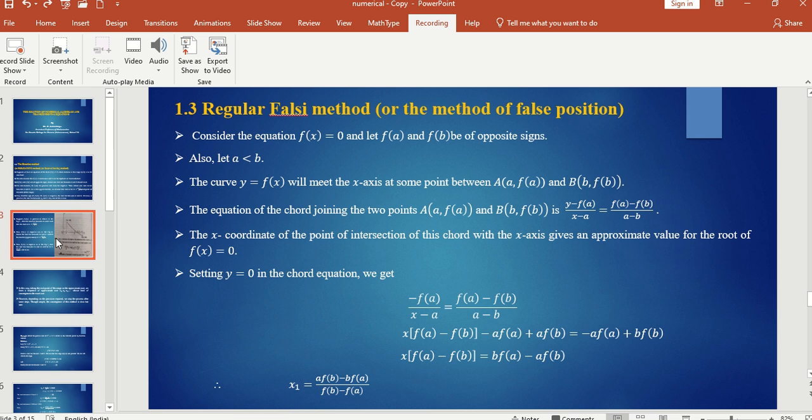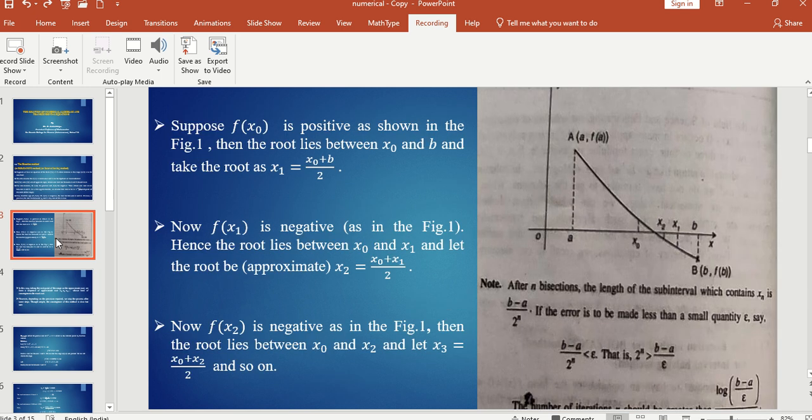That is, when we consider this figure, here we have the point a, that is a comma f of a, and a point b, b comma f of b. So f of a and f of b are of opposite sign. So there is a curve between a and b, and we see that here it meets the x-axis.